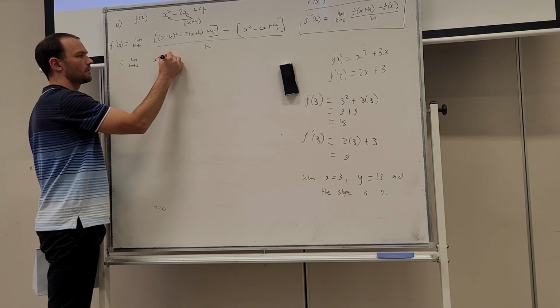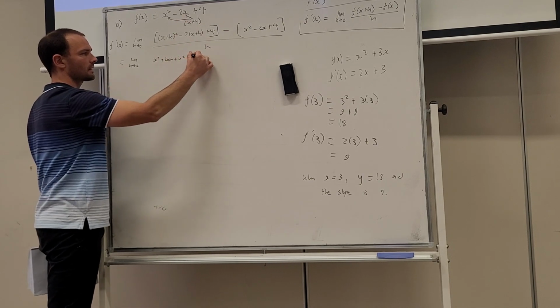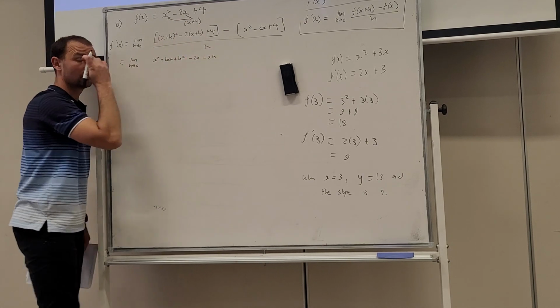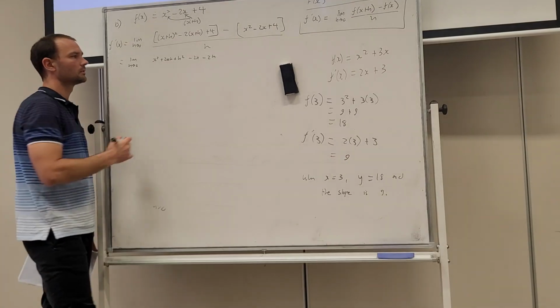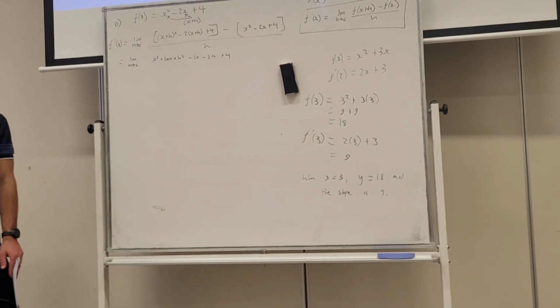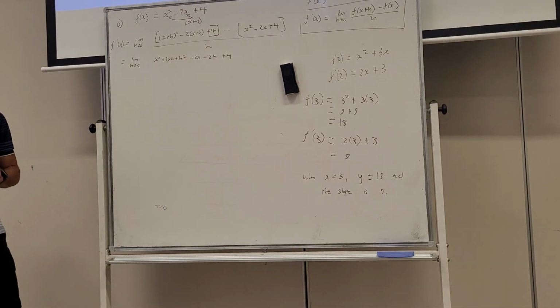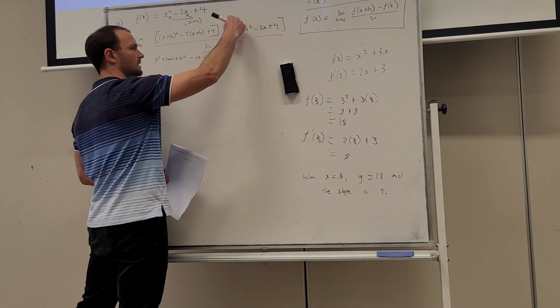So the first one's a perfect square. Minus 2x minus 2h. The negative belongs to the 2. Alright, so a fully expanded f of x plus h. Then we distribute the negative into f of x here.